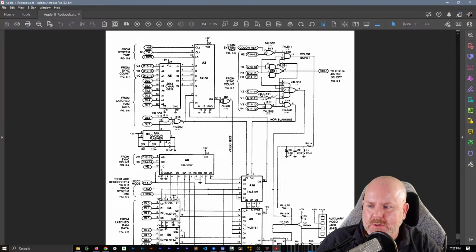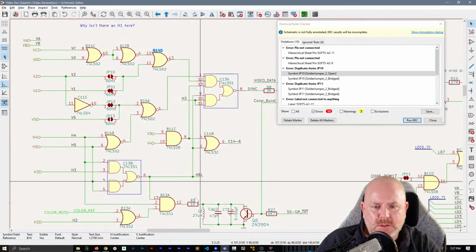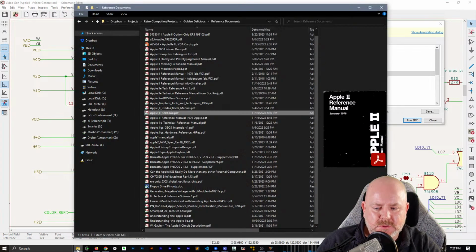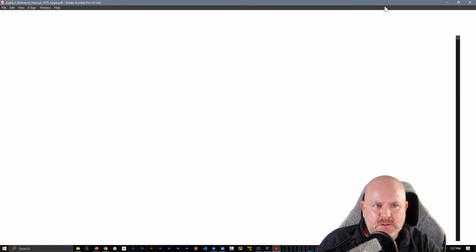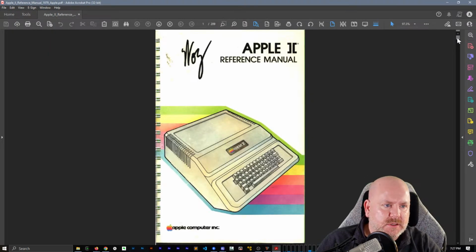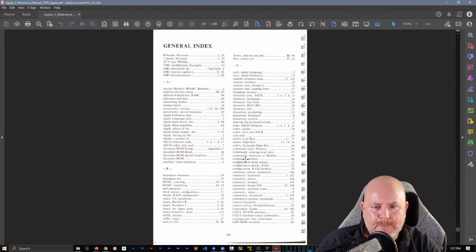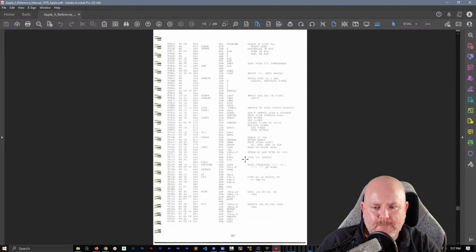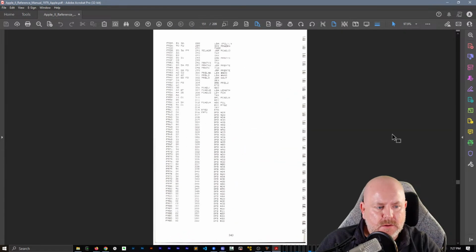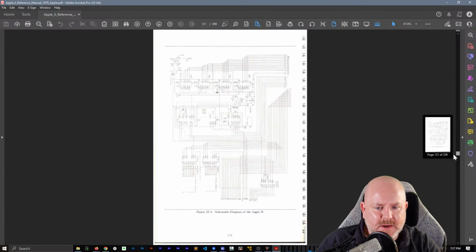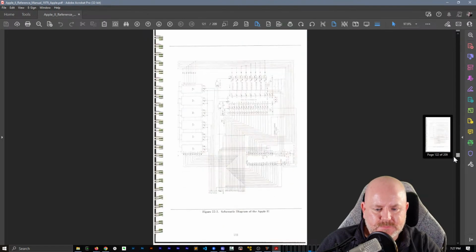Okay, we're gonna look in another book. Which one am I looking at? This is the red book, which is the 2. I wonder if this is a difference between the 2 and the 2 plus. All right, so we'll go look at this one. I think schematics are, here it is.